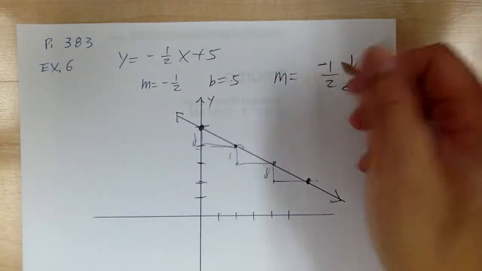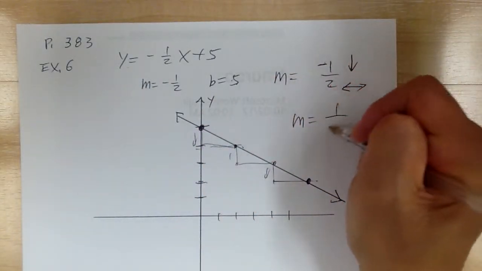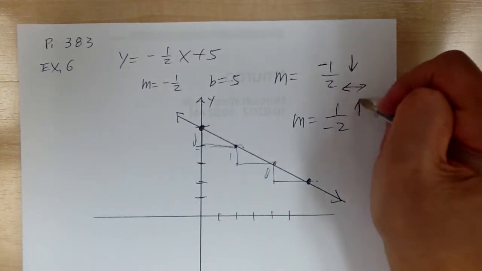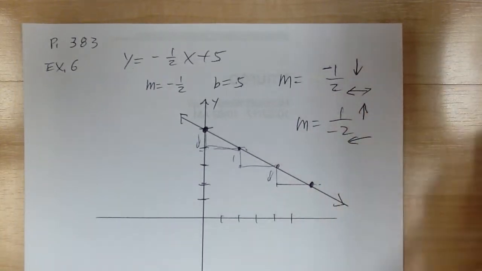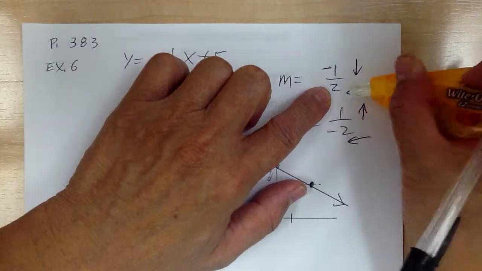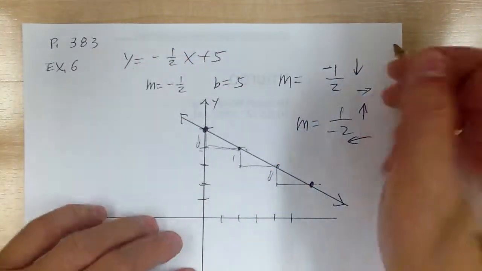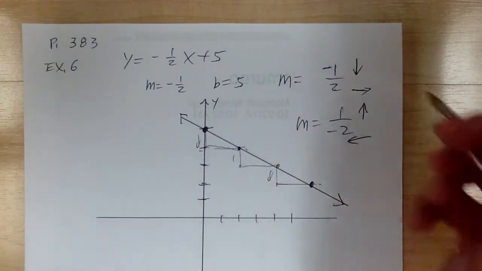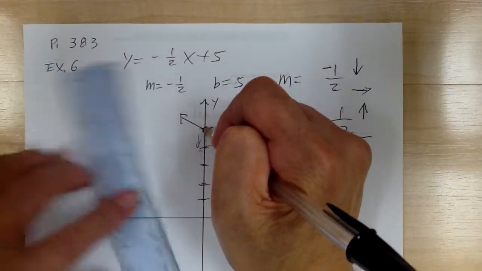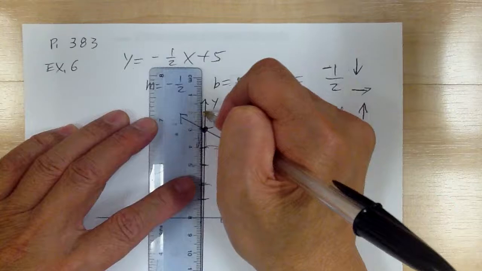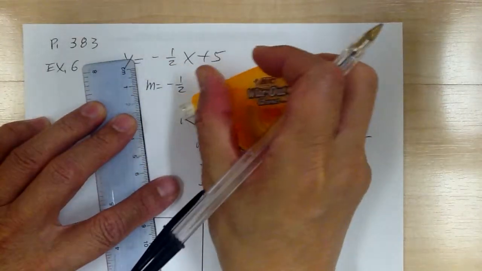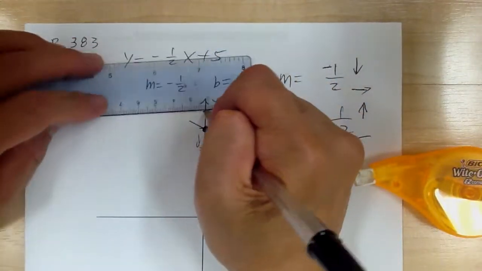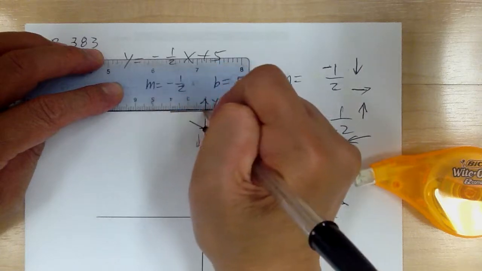Now what happens if you put the negative on the bottom? Well, that means you have to go up 1 and go this way, right? Positive 2 means you go to the right. Negative 2 means you go to the left. In this case, you have to go up 1 and you have to go over 2, right?